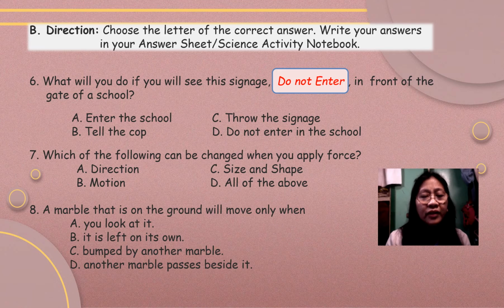For question number 8, a marble that is on the ground will move only when A. You look at it. B. It is left on its own. C. Bumped by another marble. And letter D. Another marble passes beside it.